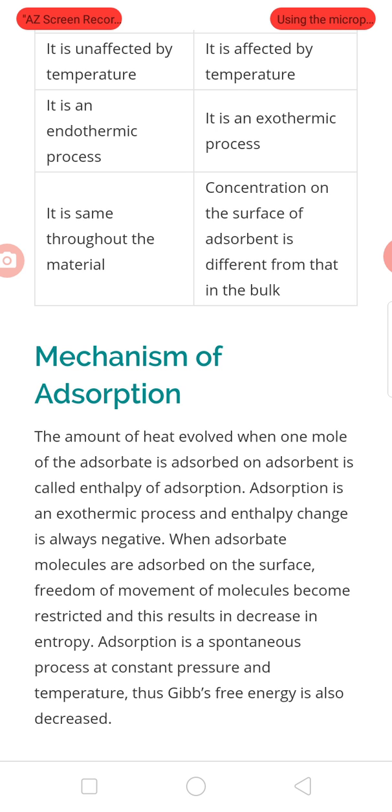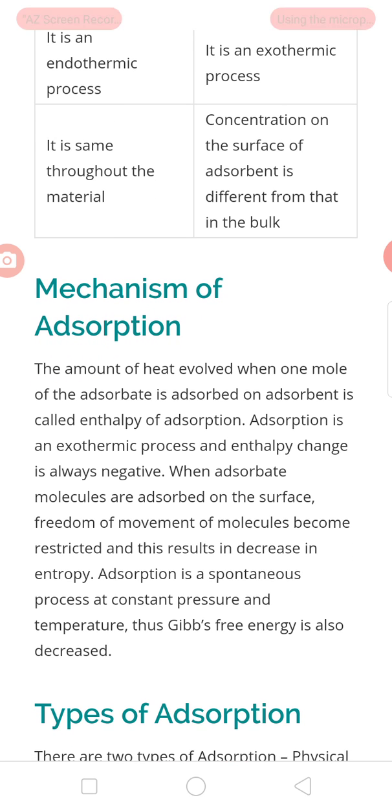When adsorbate molecules are adsorbed on the surface, the freedom of movement of the molecules becomes restricted and results in a decrease in entropy. Adsorption is a spontaneous process at constant pressure and temperature, thus the Gibbs free energy also decreases.